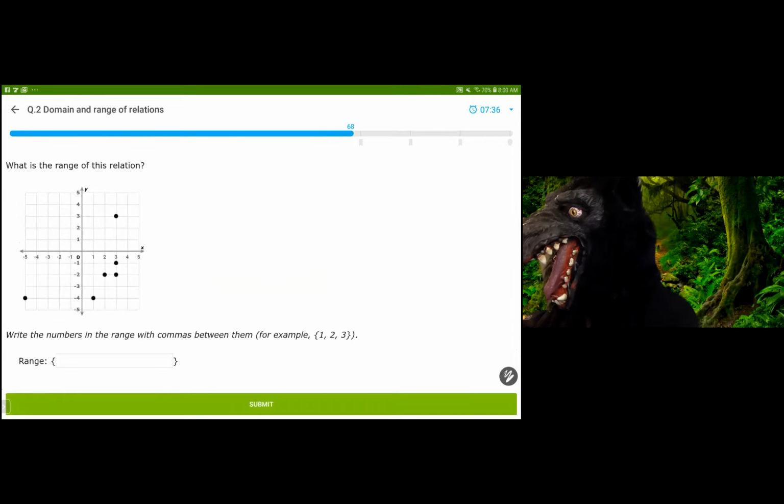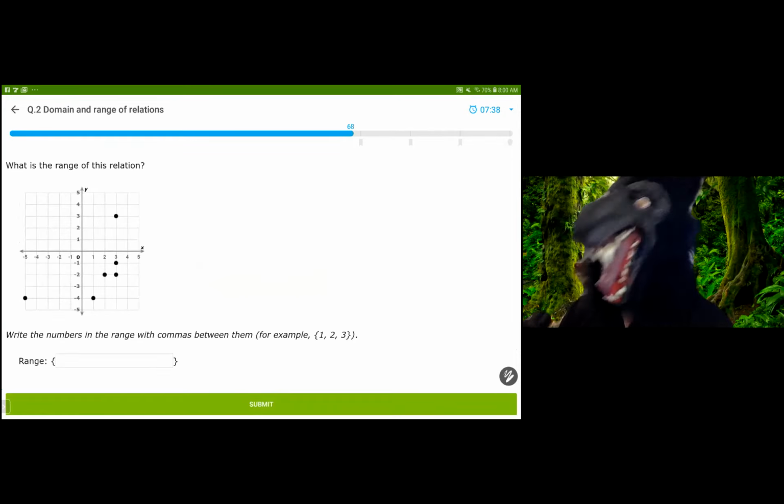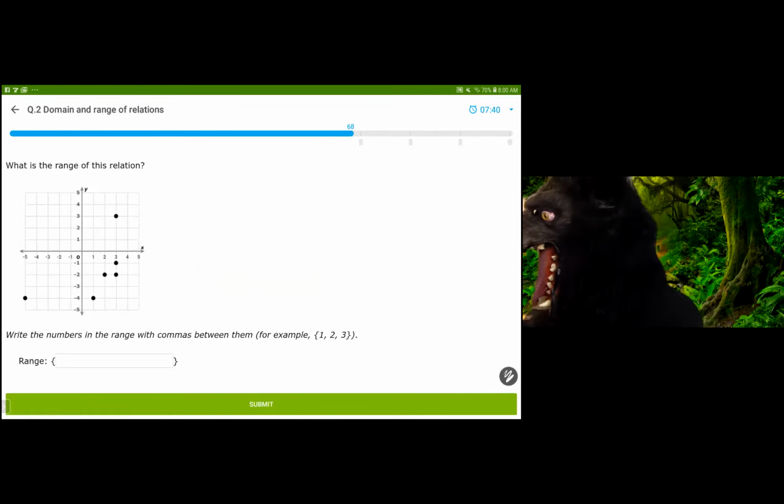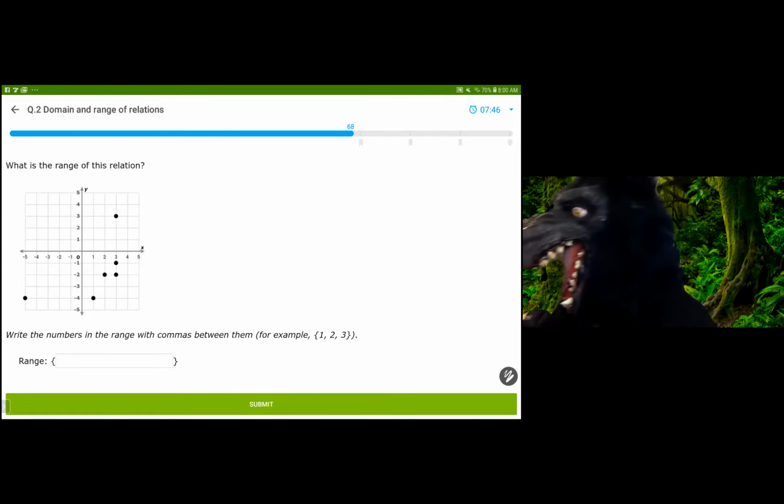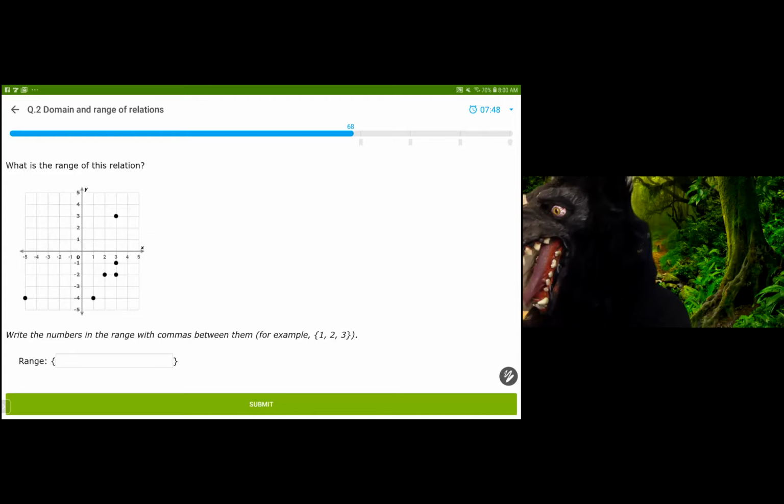Oh, one more. Okay, this will be my last one. So for me anyway, I'm hoping you guys will go to mastery and it won't be scary anymore. Not too scary anyway. Okay, so we want the range of this relation. Now this is not a function, and the reason it's not a function is because we have no idea. If we put a 3 into this relation, we have no idea what we're going to get.